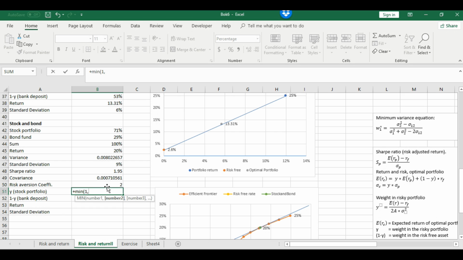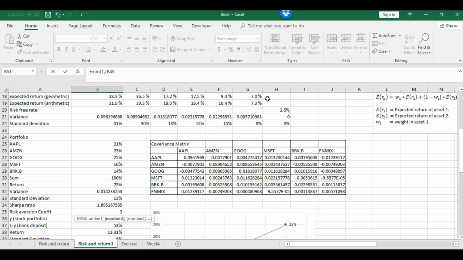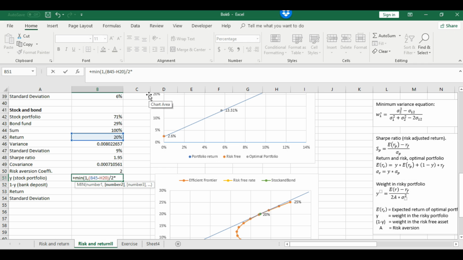And we take the expected return of the portfolio minus the risk-free rate, divided by 2, multiplied by the risk aversion coefficient, and multiplied by the variance of the stock and bond portfolio.